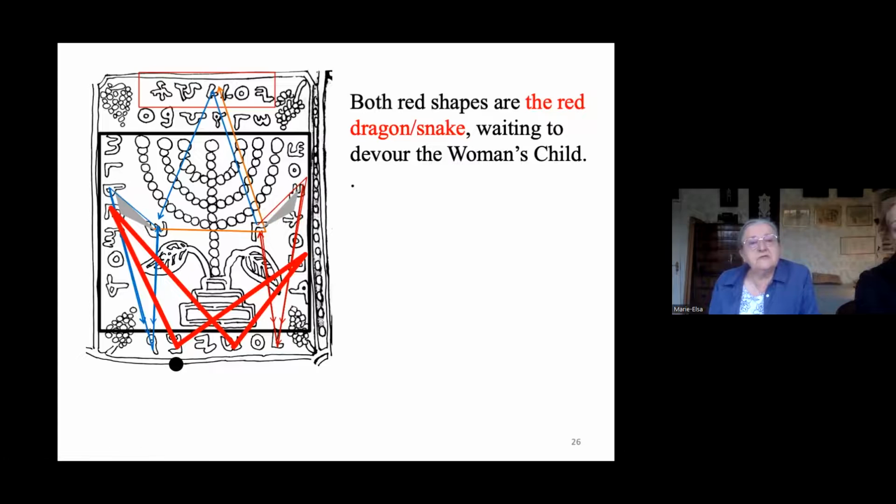If you follow the same from the dot and you go up to the left, down again, that also says snake or dragon. He is the great dragon, the deceiver of the whole world. He's an important figure. He's geminated, and he is already thrown down to earth, and he is waiting to devour the child of the lady.